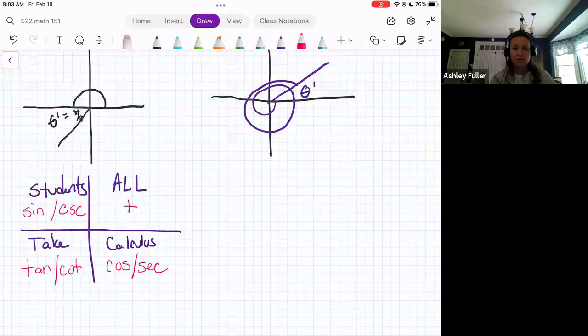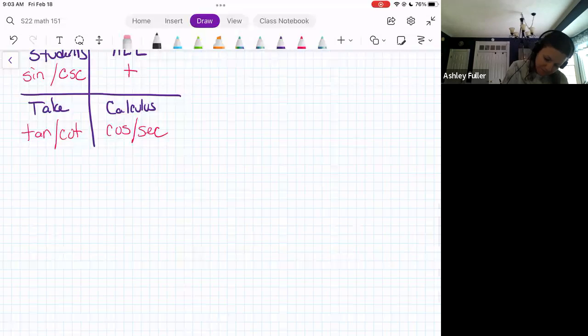Again, you would just take the reference angle, whatever it is, make the calculations, and then change the sign accordingly to the quadrant that it is in. So let's do one of these calculations. Let's calculate the cosine of 4 pi over 3.